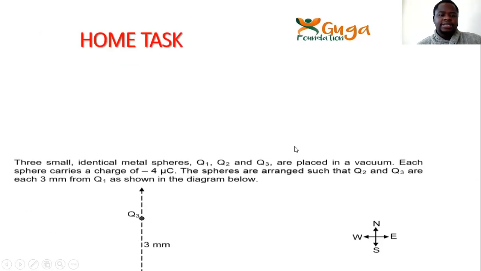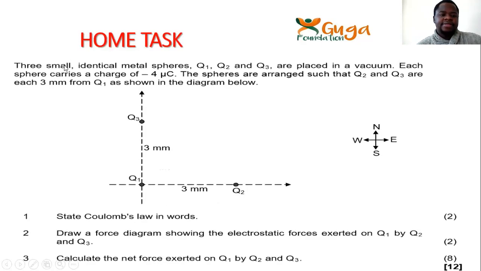And then your home task. You are given 3 identical metal spheres Q1, Q2 and Q3 placed in a vacuum. Each sphere carries a charge of -4 microcoulomb. The spheres are arranged in such a way that Q2 and Q3 are 3 millimeter each from Q1, as shown in the diagram.